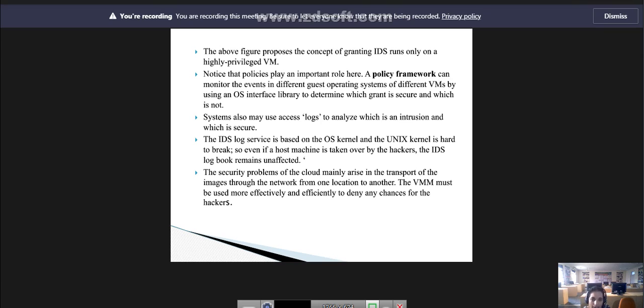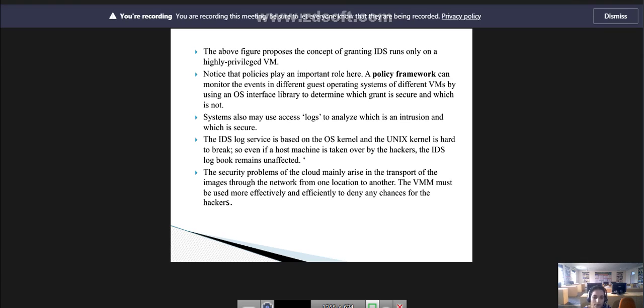The system may also access logs to analyze which is an intrusion and which is secure. The IDS log service is based on the operating system kernel, and the Unix kernel is hard to break. Even if the host machine is taken over by hackers, the IDS logbook remains unaffected.